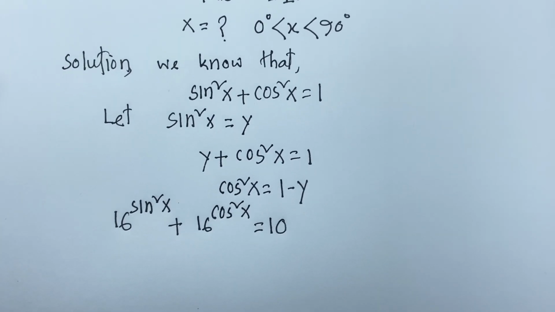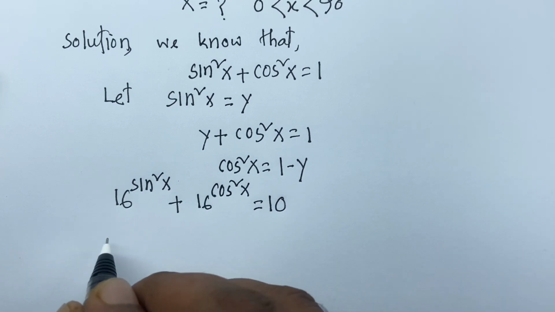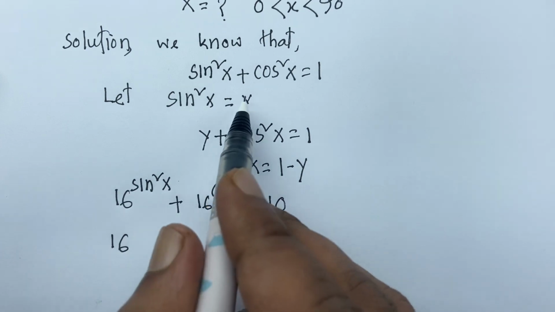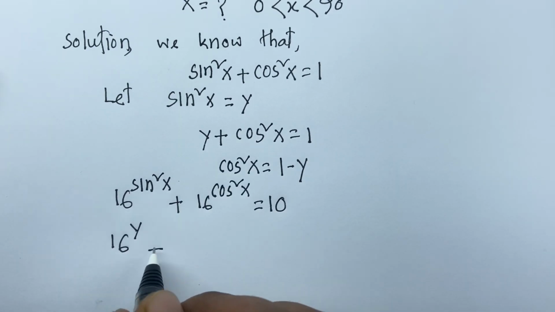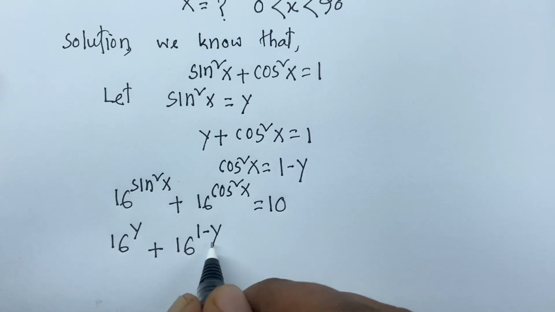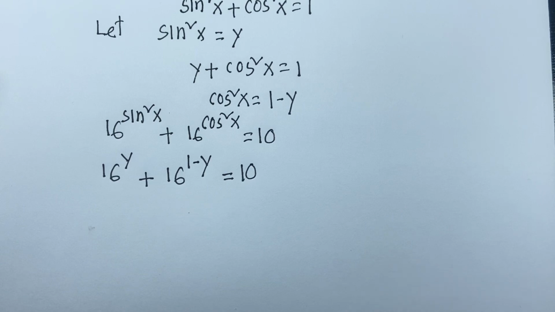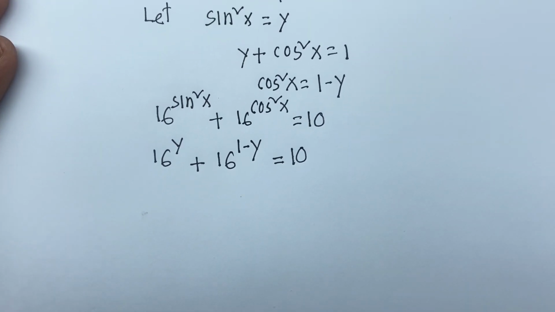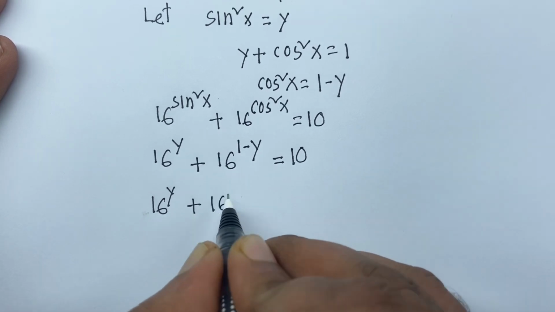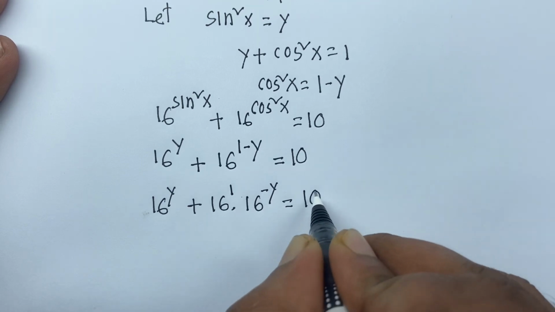At this moment, if I put the value of sin²x and cos²x, it will be 16^y + 16^(1-y) = 10. Then I can see easily, here is 16^y, and it will be 16^1 times 16^(-y) = 10.